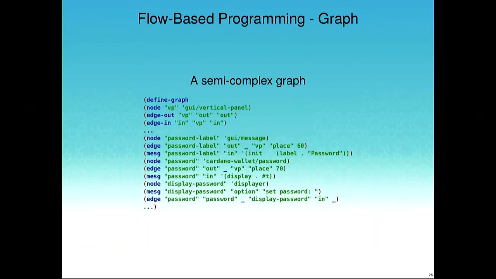The password thing has an output that is the password. So you change your password. When you have changed it, you have clicked change password, that goes out as a message somewhere. Maybe you send it to some backend that actually changes the password. Here, we're sending it to a displayer first.